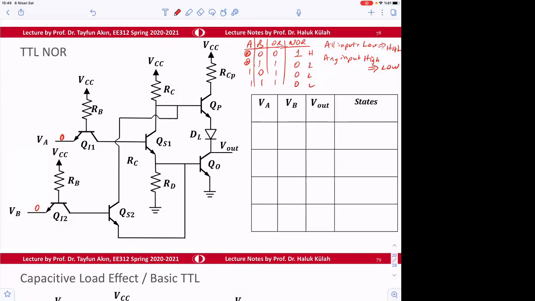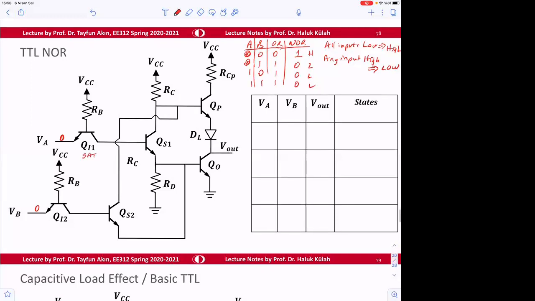If this is 0, what is the state of this QI1? You need to help me with this. I'm not going to continue without your help. What is the state of QI1? Saturation. Good. It's going to be sat. What about this one? It's also sat. So we should solve this together.